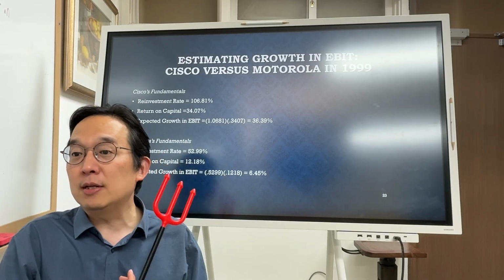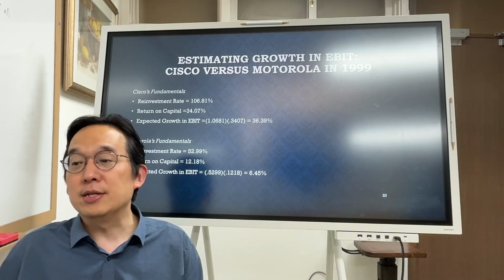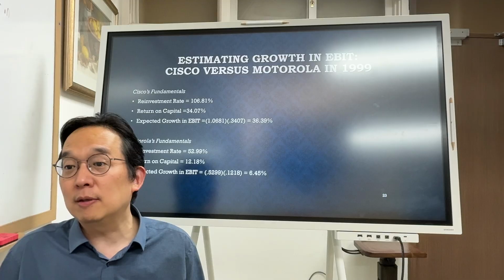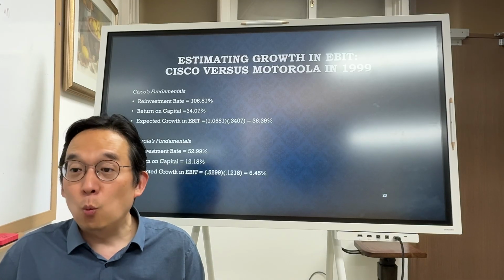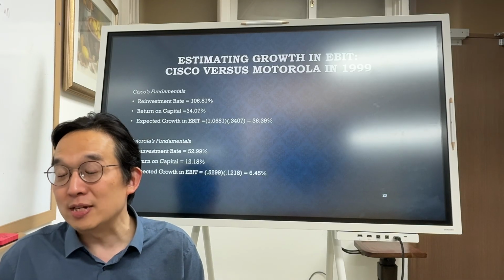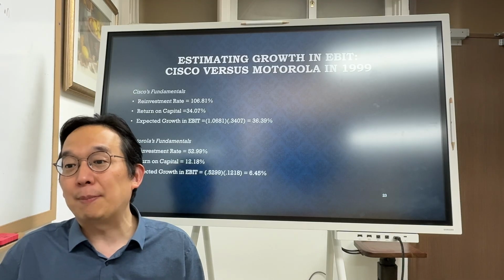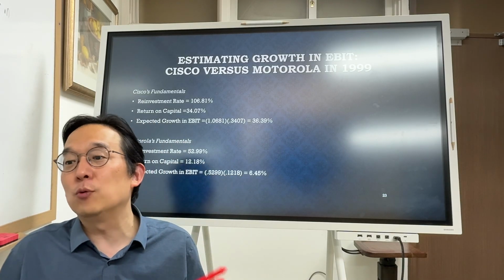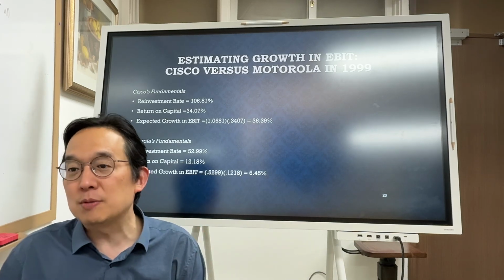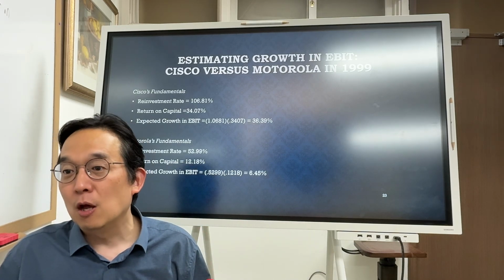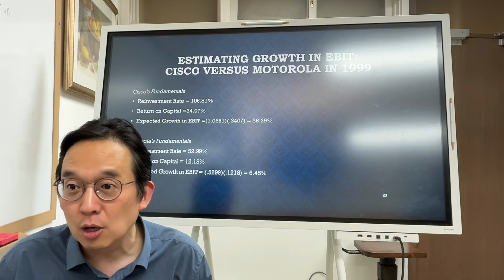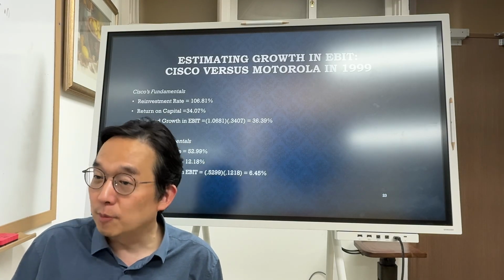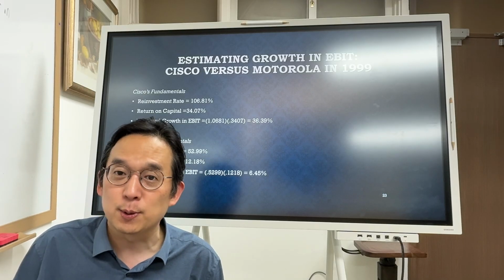Estimating growth in EBIT, Cisco versus Motorola, as a numerical example. In 1999, Cisco's fundamentals: the reinvestment rate was 106.7%, and return on capital was 34%. If you assume this reinvestment rate and return on capital will sustain going into the future, what should be their expected growth rate in EBIT? Well, multiply these two, which is 36%.